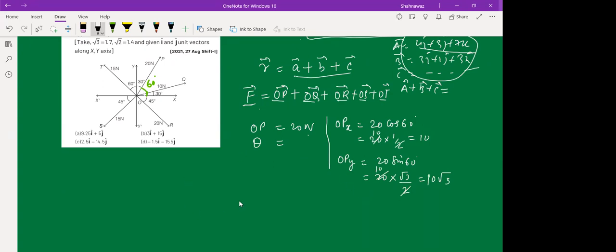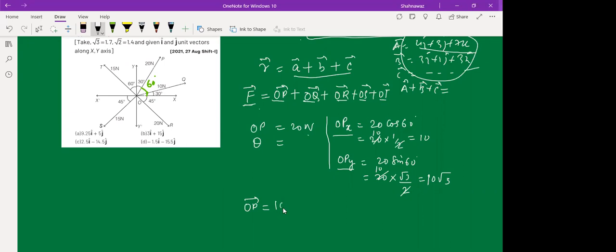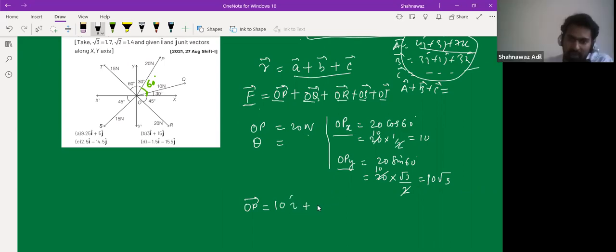So what will be OP vector? Your X and Y are here. So this will be 10 i cap plus 10 root 3 j cap.